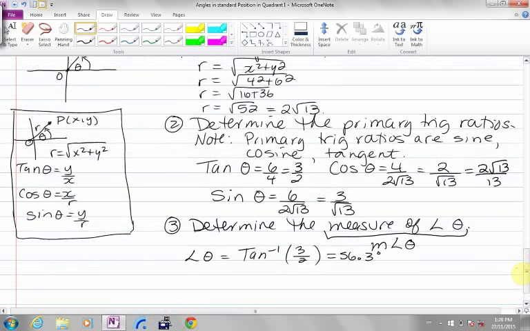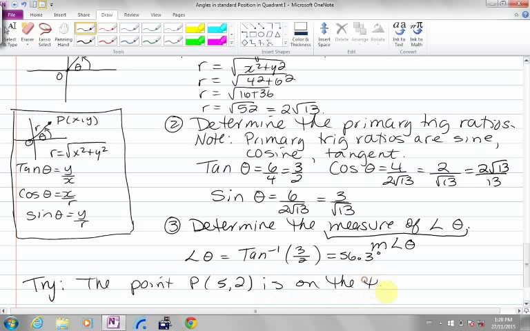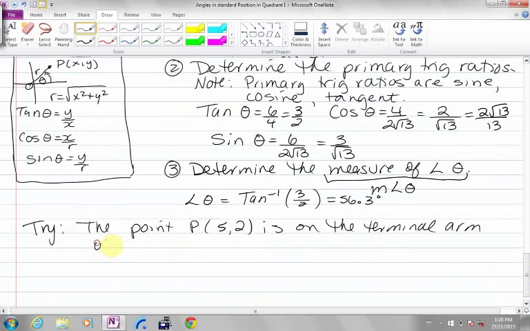All right. Let's try one. So the point P, 5, 2, is on the terminal arm of angle theta in standard position.